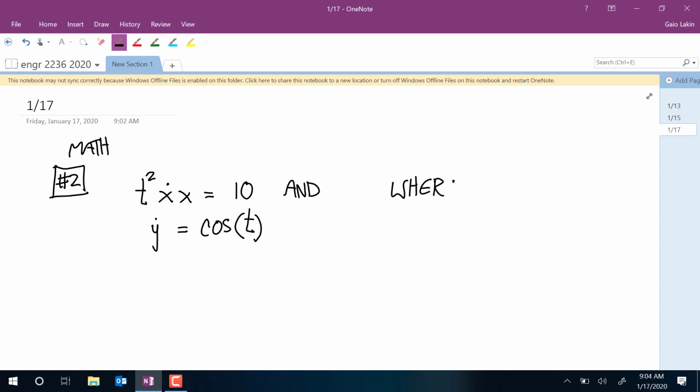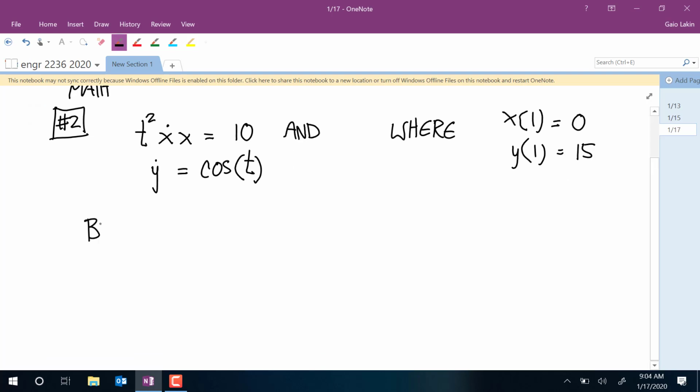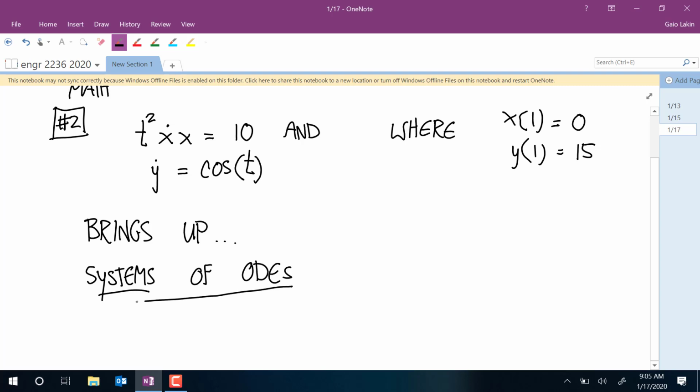So here's the problem. x at 1 is equal to 0, and y at 1 is equal to 15. So that brings up systems of ordinary differential equations.